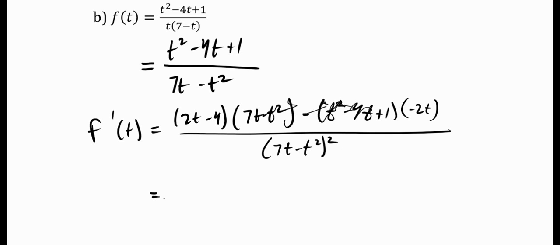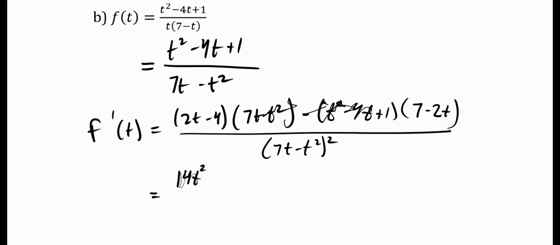Yeah, you're right. I'm missing part of it, aren't I? Thank you. 7 minus 2t. So I've got, it's doing it again, 14t. How can I simplify this? Oh, this is going to be nasty.